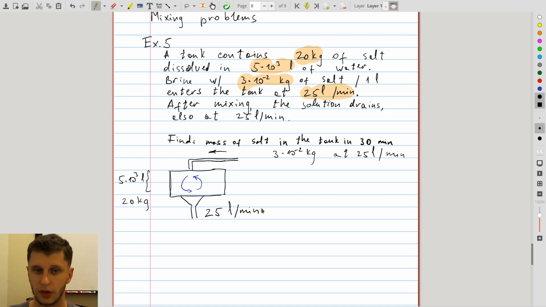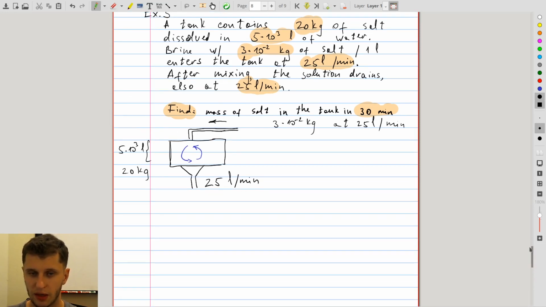So the question we have to answer here is, what is going to be the mass of salt in 30 minutes after this process started? So we have at the beginning of the process some mass, then we have this constant mixing and influx of brine and draining happening at the same time. What is the mass of salt dissolved in the tank in 30 minutes from the start of the process?